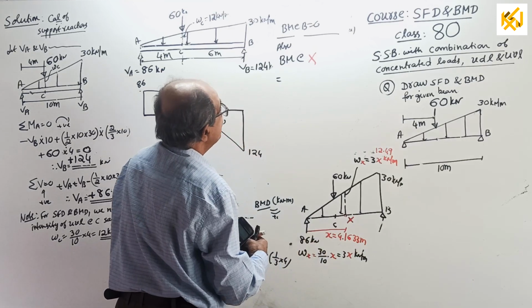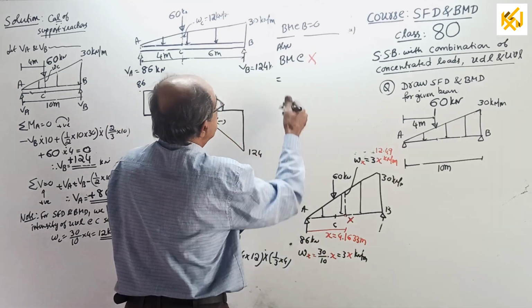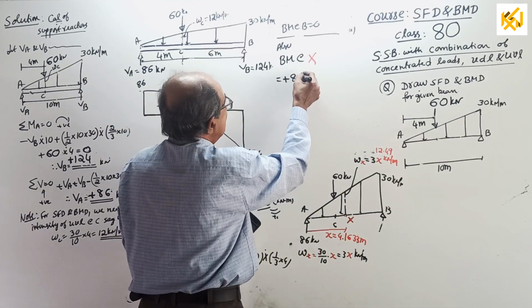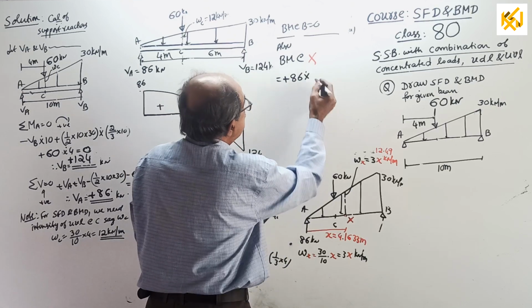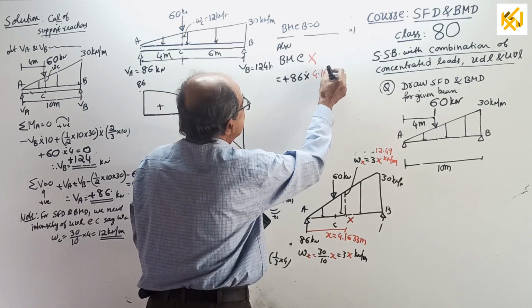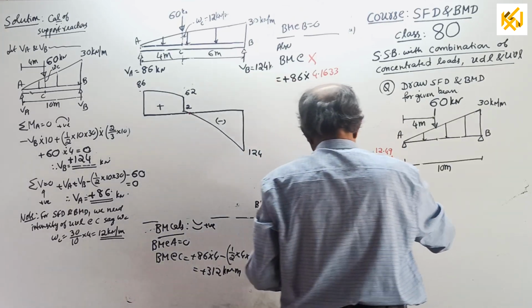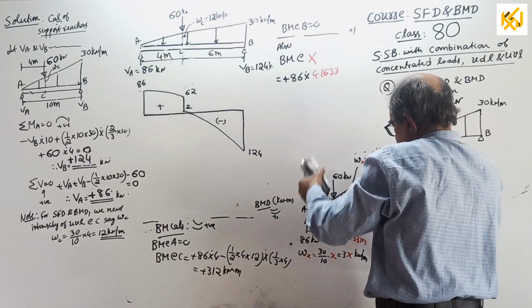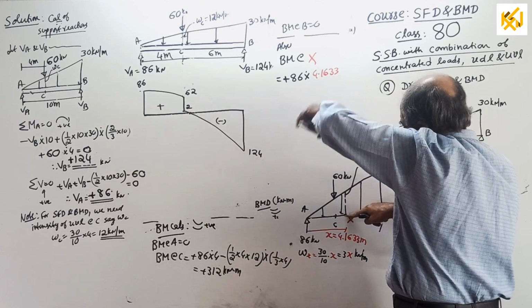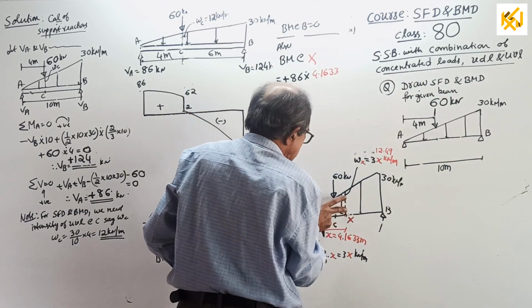Okay, now calculate, equal to plus 86 into 4.1633. See correctly here now. Very carefully find bending moment here. Plus 86 into 4.1633 minus moment of this much load.